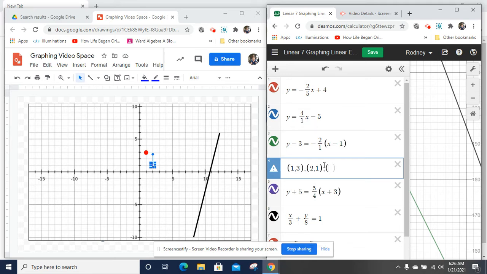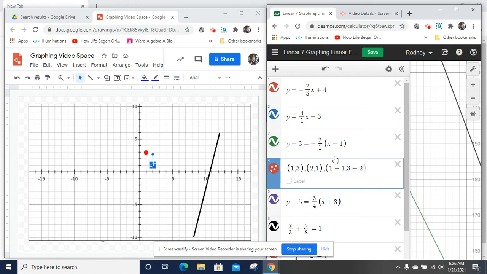So now I'm going to say the x value is going to be 1 minus 1, because that's going to be a denominator change of minus 1. And then the y value is going to be 3 plus 2. Okay, and 3 plus 2 will be 5. And 1 minus 1 will be 0.